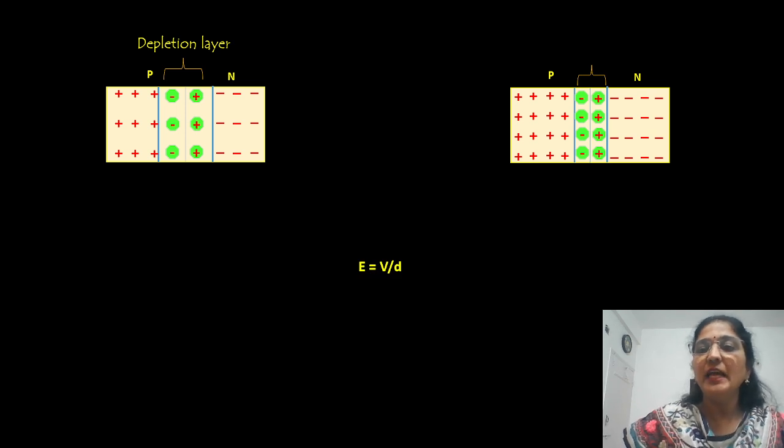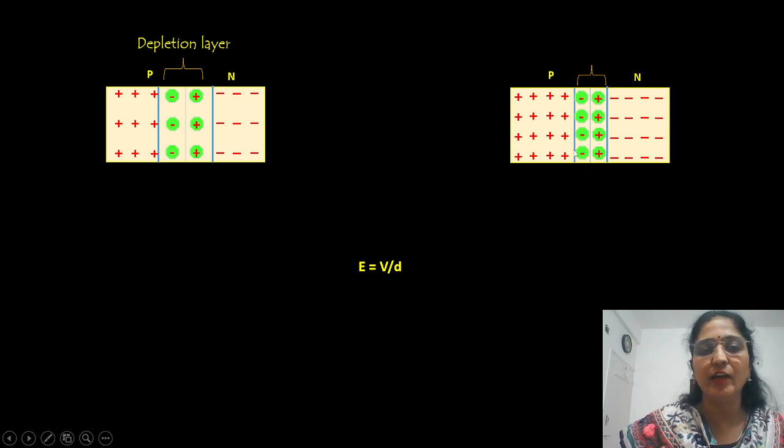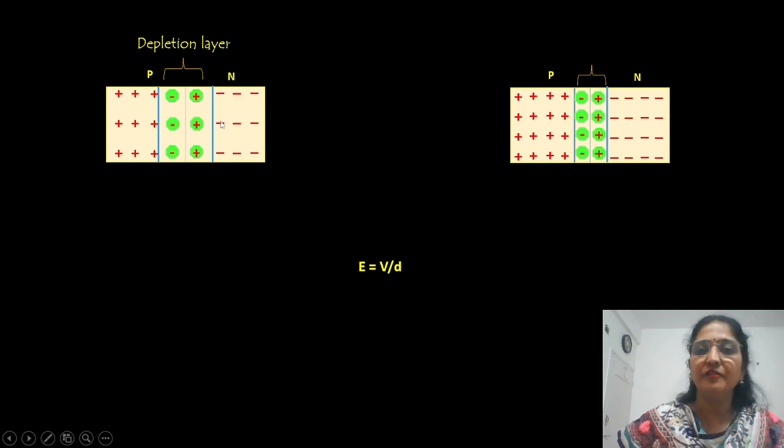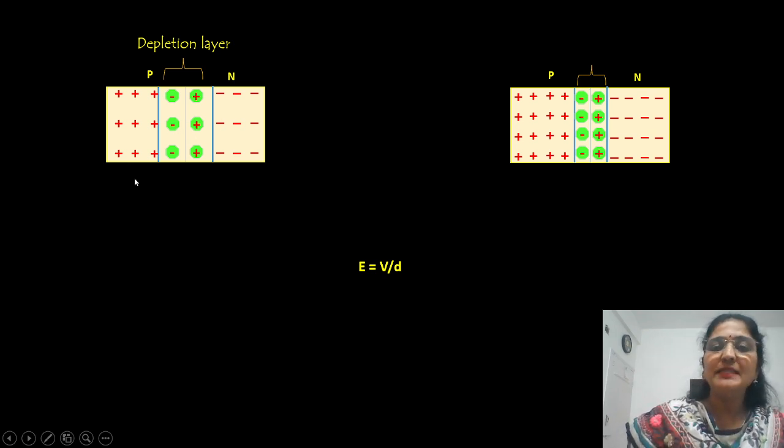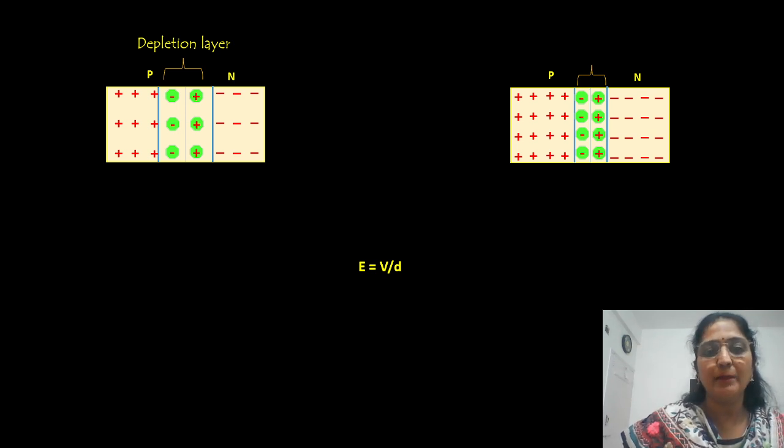The electric field in this region is the potential difference, which is 0.7 volts, divided by the width of the depletion layer. In a normal diode the width is large, but in a Zener diode the width is very small. So the electric field around the depletion layer is very high in a Zener diode, but in a normal diode it is very low.